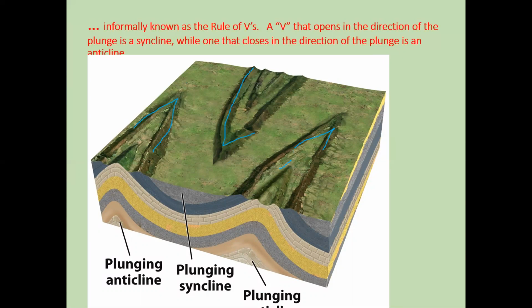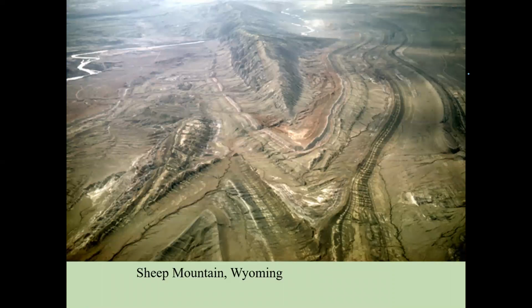Let's look at what these look like in real life. This is a famous structure in the West. This is called Sheep Mountain. You all can't see this, but I'm seeing it. I need to move it. Sheep Mountain in Wyoming. These are all different types of rocks that have been folded.